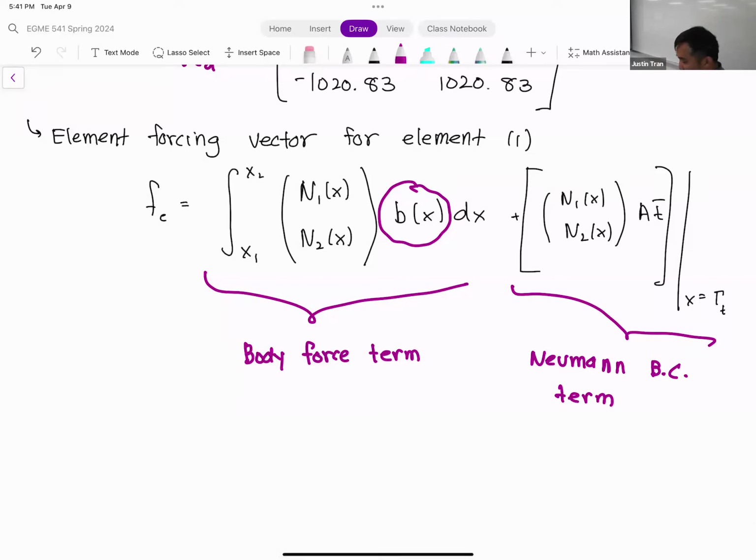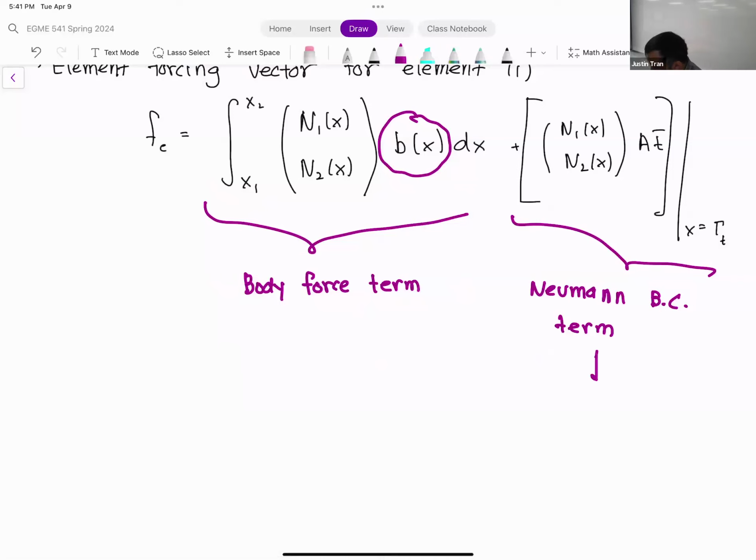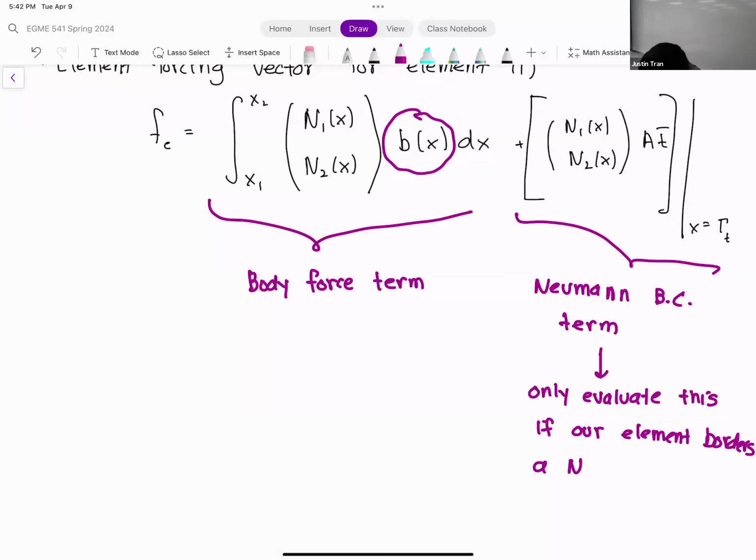One important note: we only evaluate this second term if our element borders a Neumann boundary, which for most cases is not going to be true.